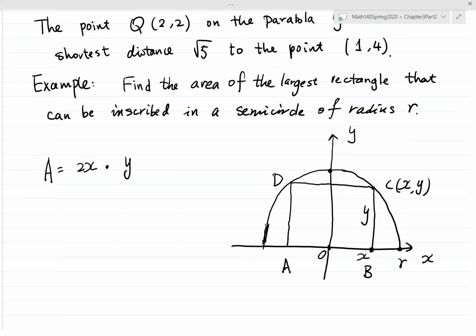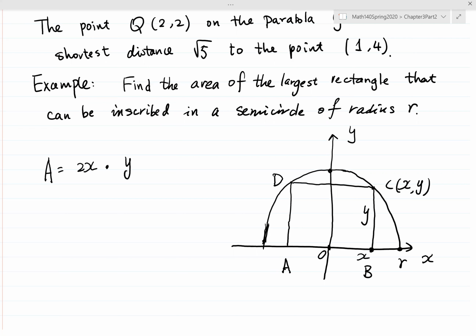So we need to find a relation between x and y. Note that the point C, (x, y), is on the circle, so it cannot be arbitrary. It should be restricted to the circle. This gives a relation between x and y.